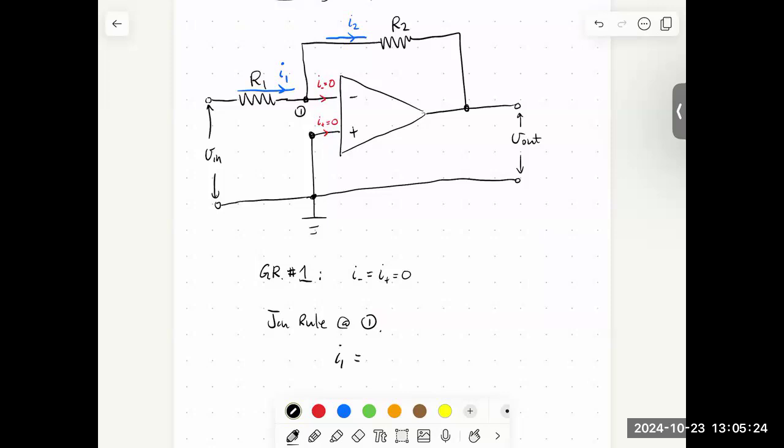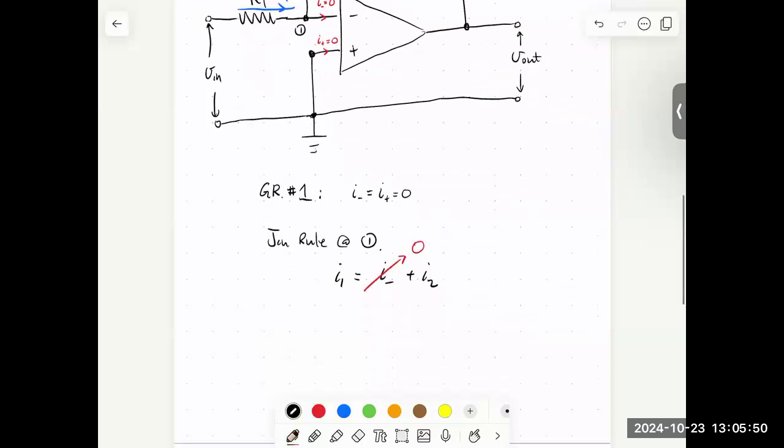In principle, we would have I minus coming out the way that I've drawn it, so I'll put that in there. We're going to set it equal to 0, but let's just write it down. And then we have this I2 coming out as well, so we put a plus I2. But by the first golden rule, this I minus is 0. And so what we conclude is that I1 is equal to I2. And if those currents are the same, we don't need a subscript, so I'm just going to call that current I.